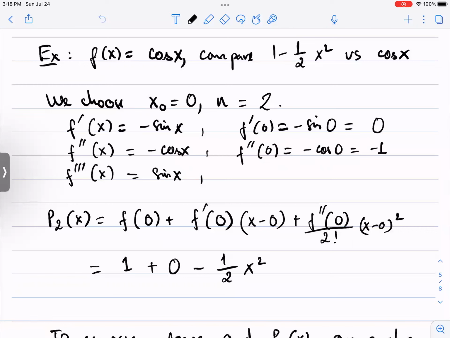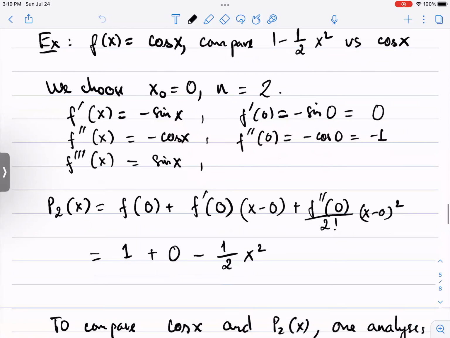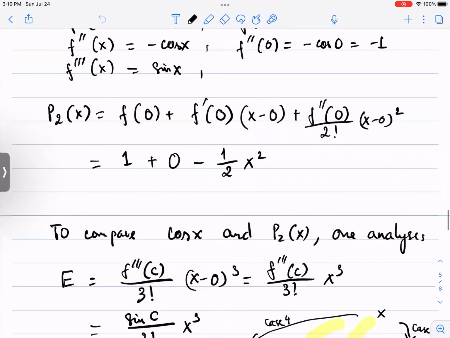The first derivative is equal to minus sine of x. When we evaluate at 0, that is minus sine 0 equal to 0. The second derivative is minus cosine x. When we evaluate at 0, it is minus cosine 0, which is minus 1. And the third derivative is equal to sine x.